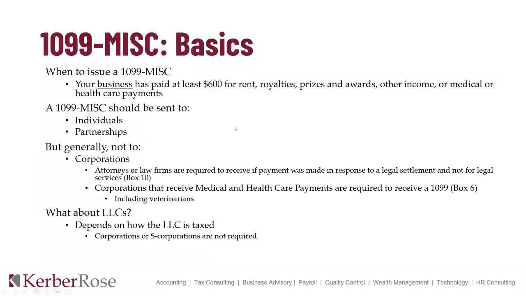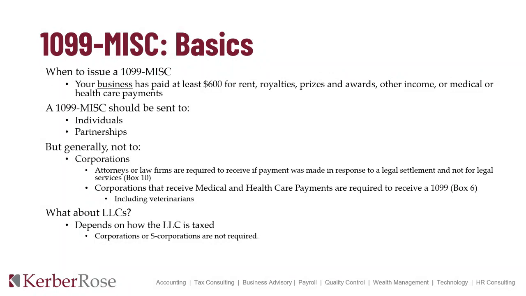So when to issue a 1099 miscellaneous? Your business has paid at least $600 for rent, royalty, prizes and awards, other income, or medical and healthcare payments. There are other reasons to issue a 1099 miscellaneous, but I left them off of today's discussion because they are very specific reasons. So make sure that you're still following the instructions, and I'll give you a link to those in the next slide.